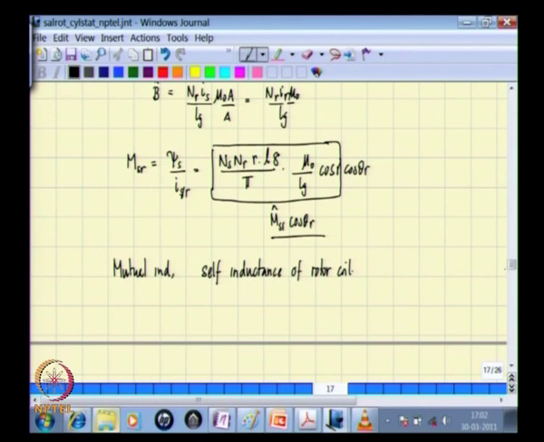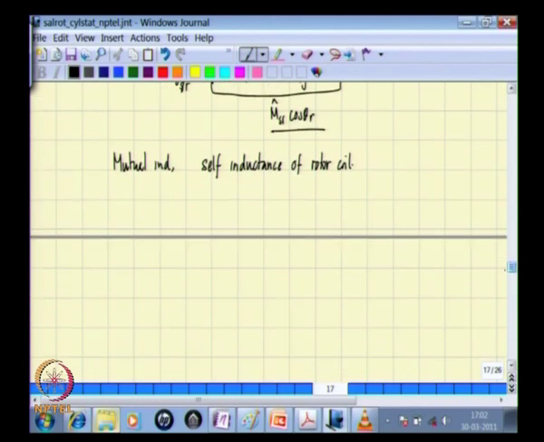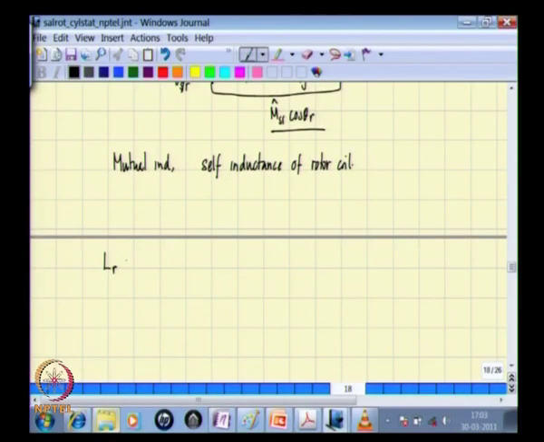How to find out self inductance? Again, excite the rotor coil. Inductance is always a flux linkage divided by the excitation, exciting amperes. So, self inductance of the rotor coil Lr is then obtained as psi r, which is the flux linkage in the rotor, divided by the current in the rotor.